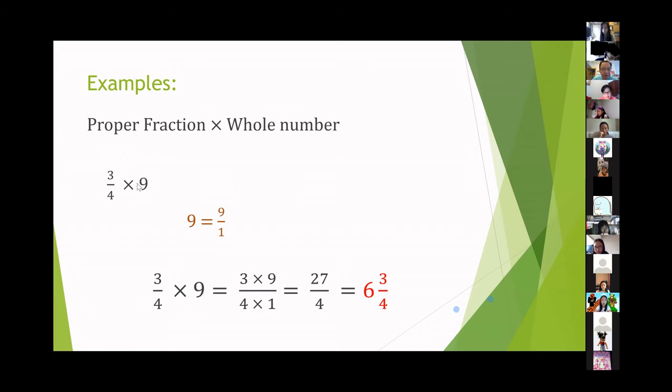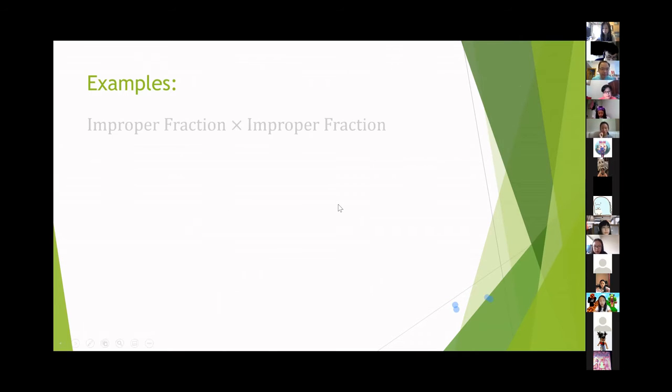So if you have a fraction times a whole number, multiply the numerator by the whole number and get the resulting numerator. The whole number is simply a numerator, because 9 equals 9/1.